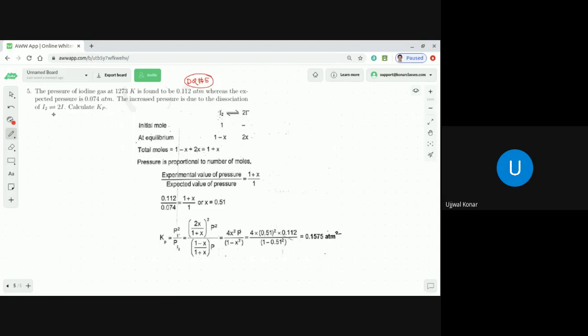Dear Shrestha, did you find the mole computation for the initial mole and the equilibrium, and what is the total mole? In calculating the value of KP, I made a mistake.